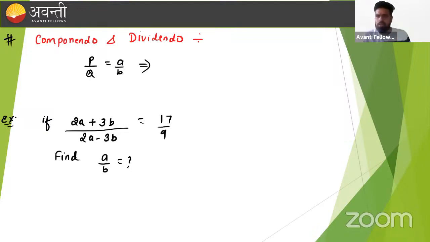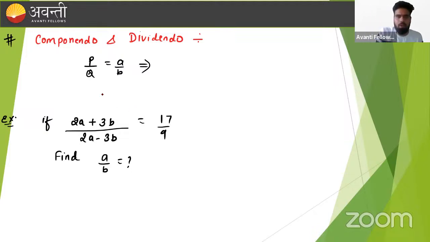You can solve the problem even if you don't know the componendo and dividendo formula. But if you know it, it saves your time, and we know that in competitive examinations, time plays an important role. That's why we discuss here the application of the componendo and dividendo formula.